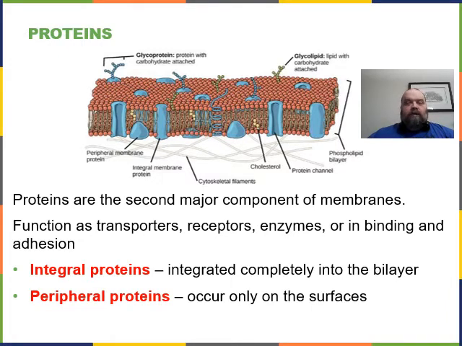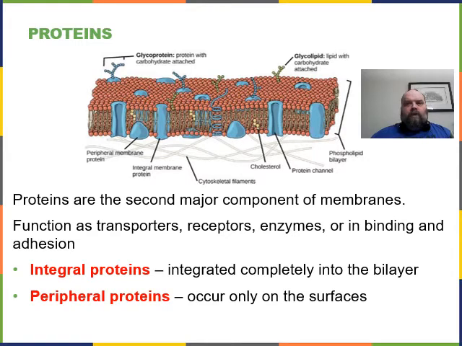For work to be done, for interactions to be done, there has to be proteins. Proteins are the transporters. They move things from side A to side B across the membrane. They're the receptors. They're the enzymes that do the work, that make things, break things, or the things that hold the cells tight together to form a tissue.